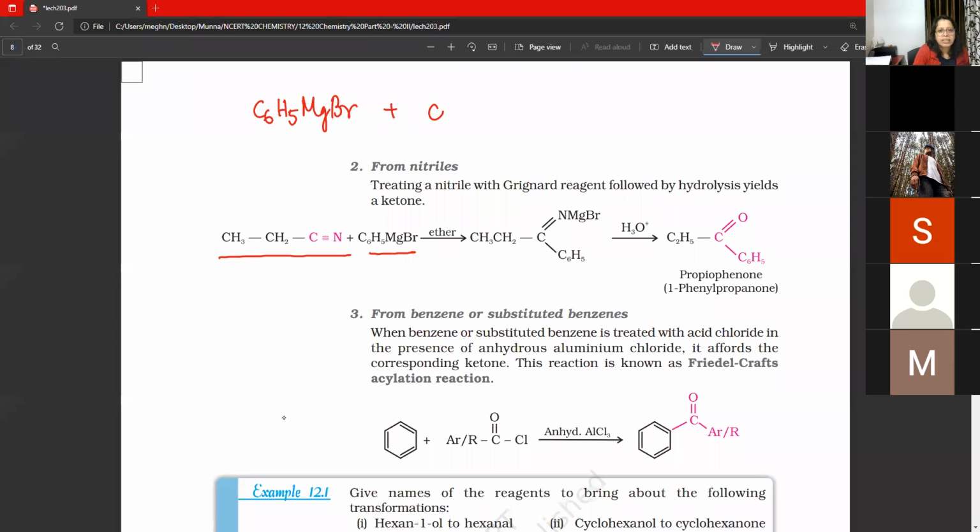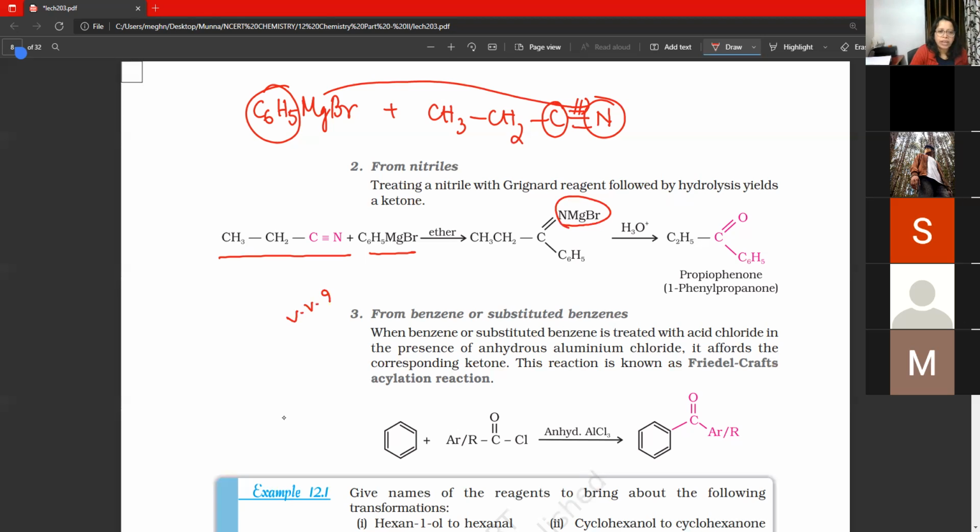When treated with CH3CH2C≡N, one of the bonds is getting broken. Carbon is getting attached with C6H5 and nitrogen is getting attached with MgBr. So you are getting this compound, C=N-MgBr, and carbon is getting attached with C6H5. On hydrolysis, this part is being removed or replaced by oxygen to give us the ketone.